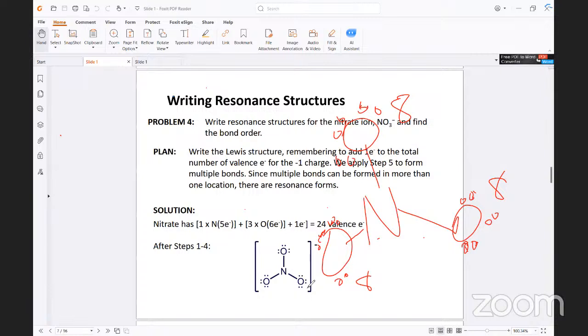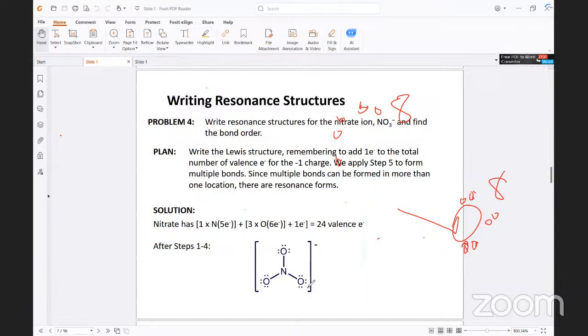But if you look at the nitrogen at the center, let me use another color to draw it, the nitrogen here has 6. So this nitrogen has 6, which means that we have a deficiency of 2 electrons. And anytime you have that deficiency, the implication is that there is a double bond in the structure. So how do we address that problem of the double bond in the structure?